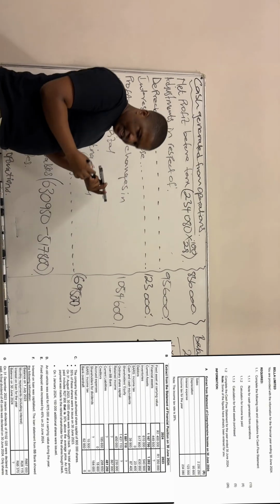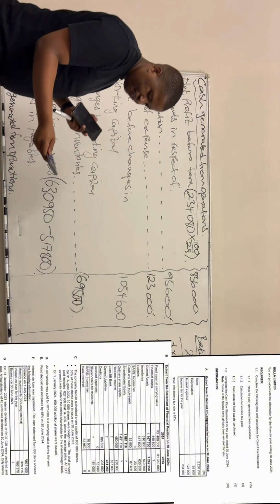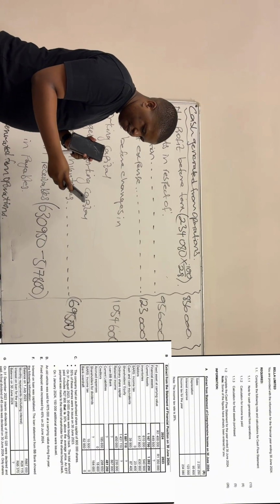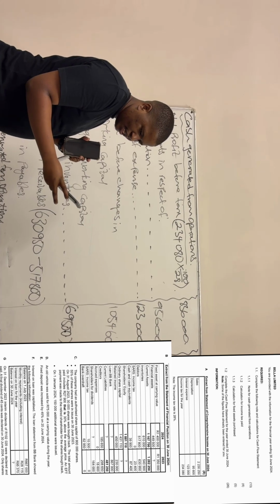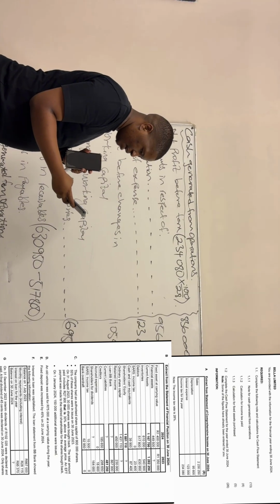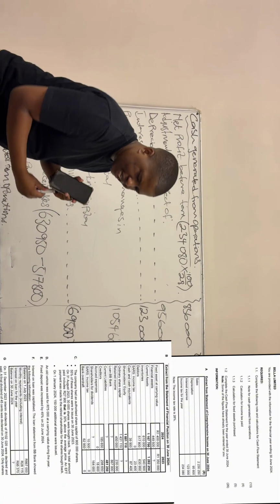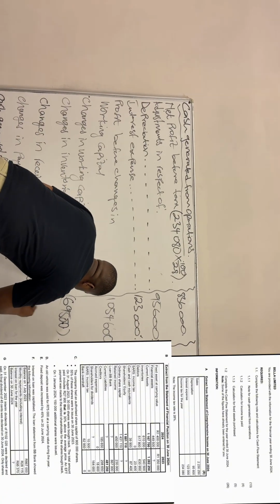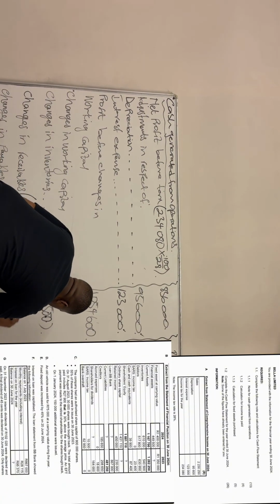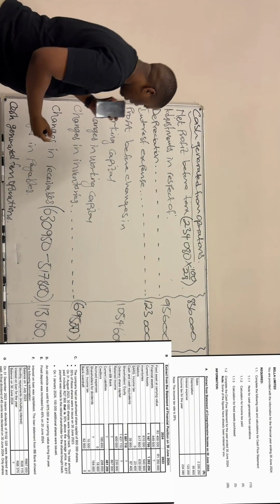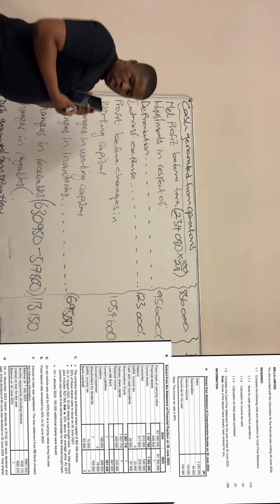You close your brackets. You take your calculator. 630,950 minus 517,800. You have an inflow of 113,150. That is how our receivables changed compared to last year.